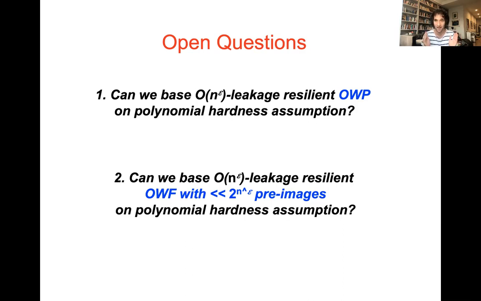So now the output of the one-way function itself does not determine x. You might have 2 to the n to the epsilon pre-images, so there might be a lot of entropy left. But after n to the epsilon bits of leakage, that suffices to determine x. So this second question really gets us exactly to the border of the information theoretic limit, right? The output of the function itself plus the leakage determines it, and just barely determines it.